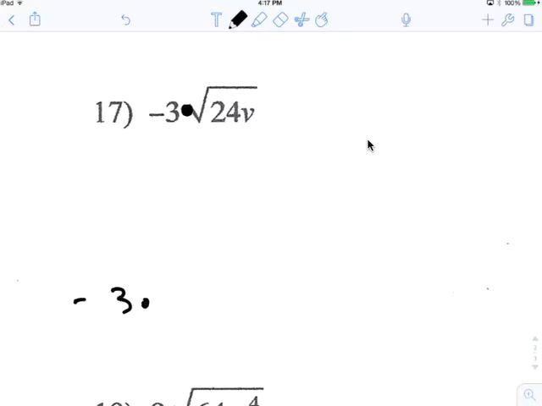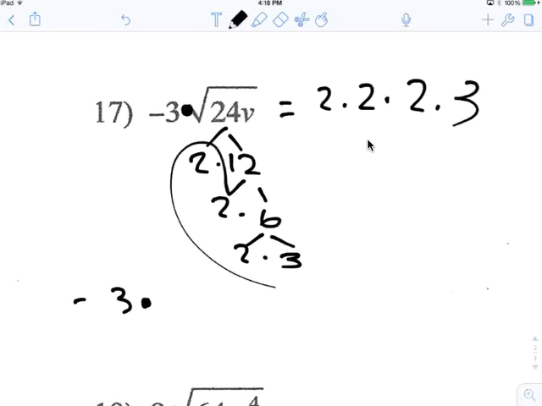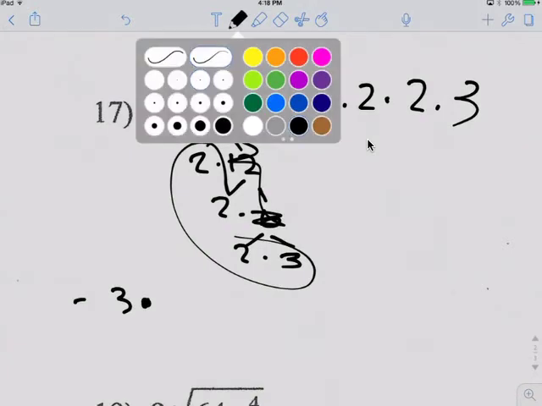So same thing for this number here, times, so that's negative 3 times, 24 is 8, you can do 2 times 12, 2 times 6, 2 times 3, so this is 2 times 2 times 2 times 3, not these, and you got the v left inside.